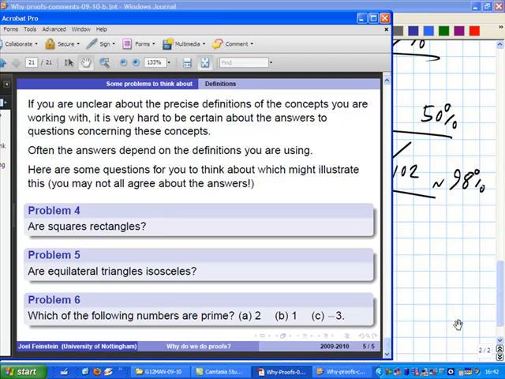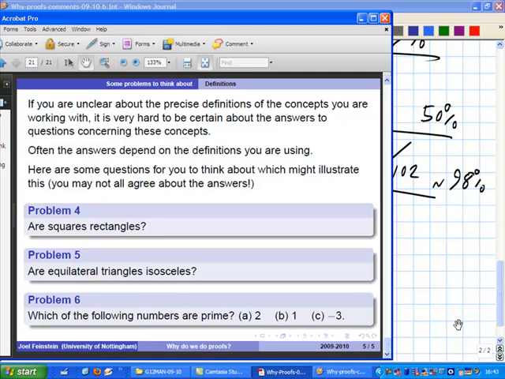Problem 6, as I said, is unfair the way it's asked, but it should reveal to you that you've got to be very careful about thinking what definition of prime you're working with. I'll assume that everyone agrees that 2 is prime, though I will point out that 2 is equal to minus 2 times minus 1, and so if your definition of prime makes minus 2 times minus 1 equals 2 a problem, then you may want to change your definition of prime.